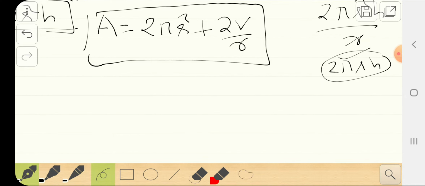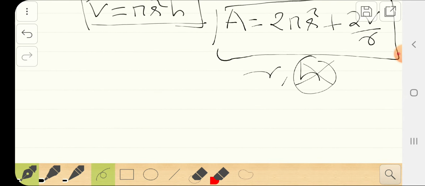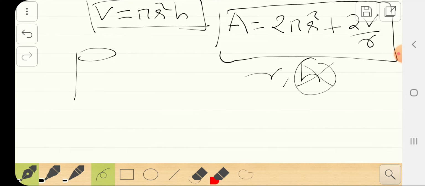Now why am I going to do that? Because I told you already, I need to minimize the area. So I need to avoid as many variables as possible. So r was a variable and h was a variable. So I eliminated h out of this. And the volume is always a constant, right? If you have a given mass of material, that means the volume inside will always be constant.